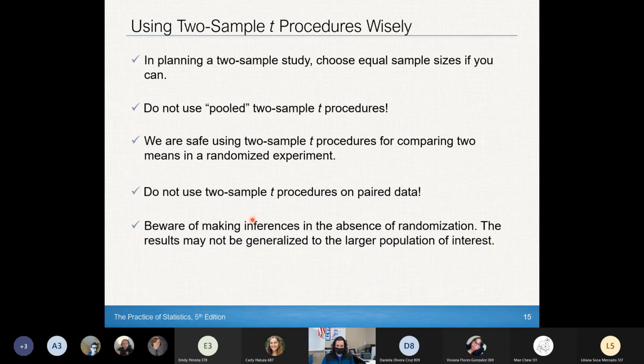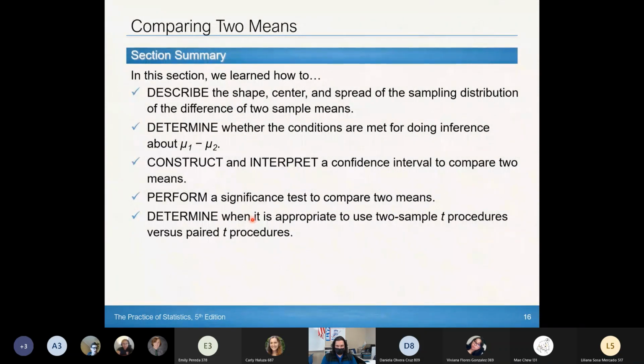All right. Does anyone need a moment to write anything down from this screen? Then that is the end of the notes for comparing two means.